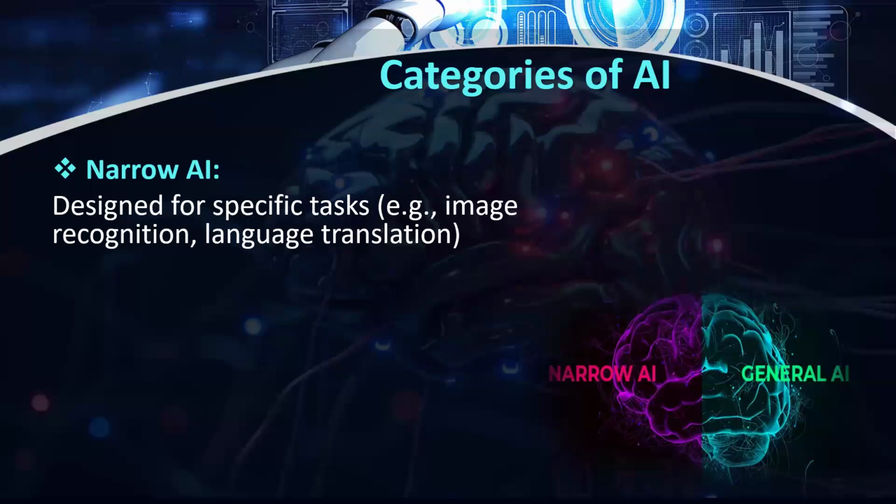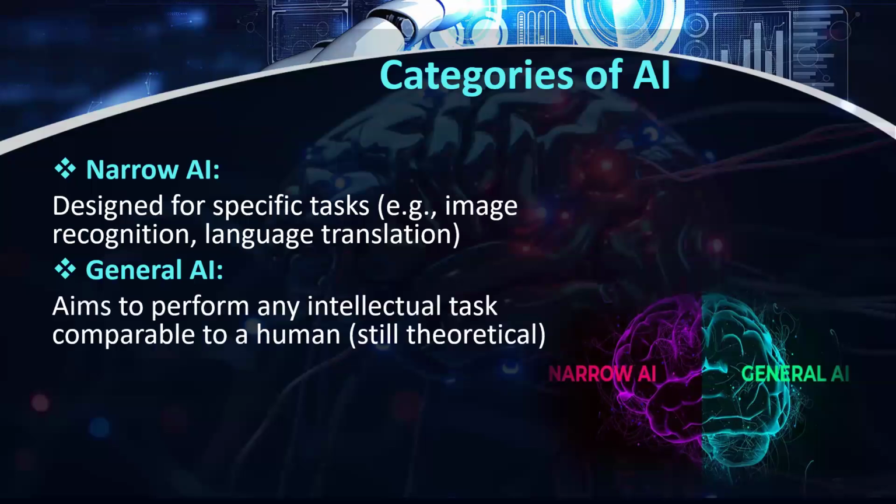Actually, all the AI you have seen so far is narrow AI. Then we have general AI. It is AI that aims to perform any intellectual task comparable to human, still theoretical. We will see why it's still theoretical.